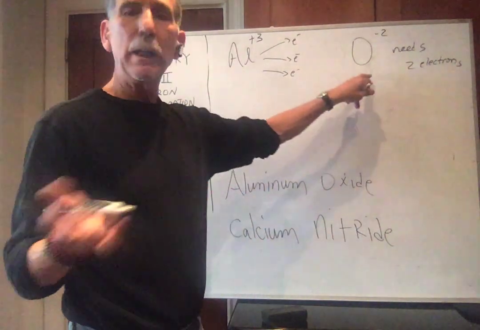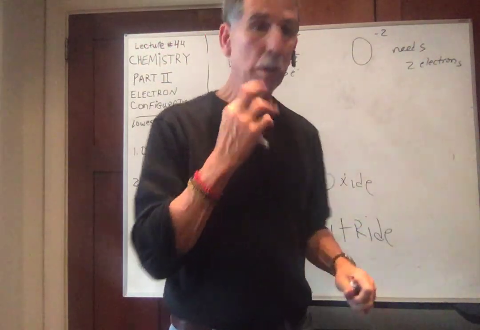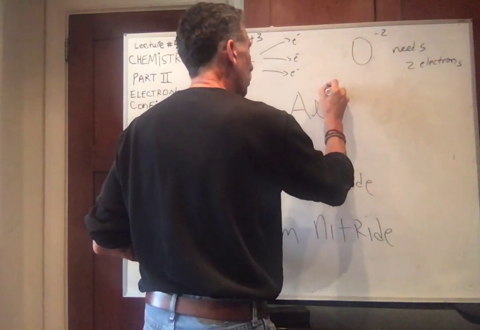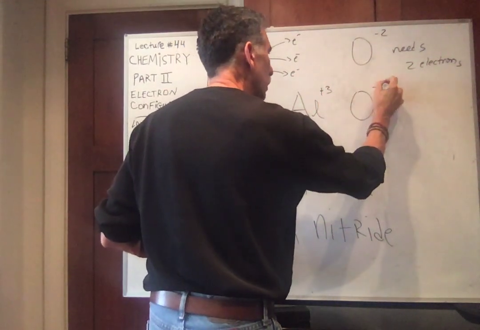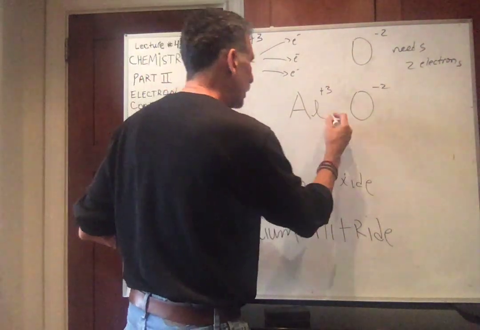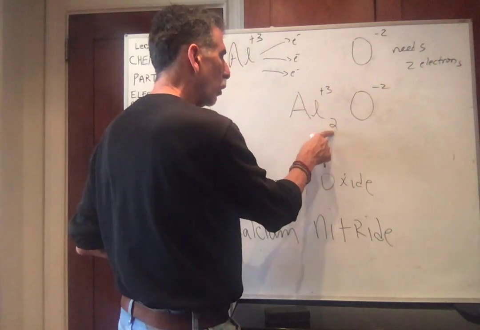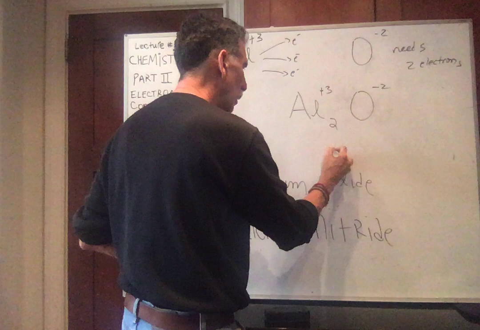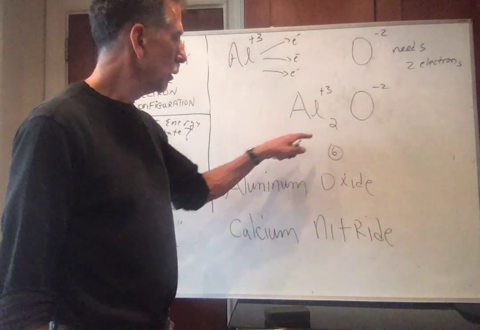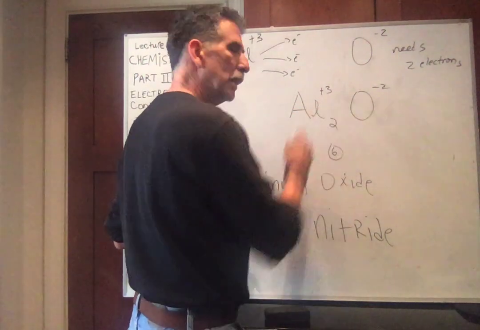This gives 3, that needs 2. Well, it's like finding the common denominator, 3 and 2. So watch what I'm going to do. Al wants to be +3. Oxygen wants to be -2. If I take 2 aluminums, 2 aluminums gives 6 electrons, doesn't it? 2 times 3. Well, that's 6. So that's giving 6 electrons.